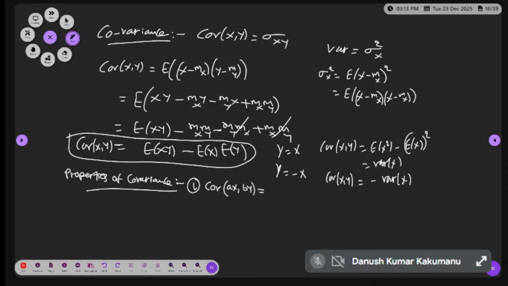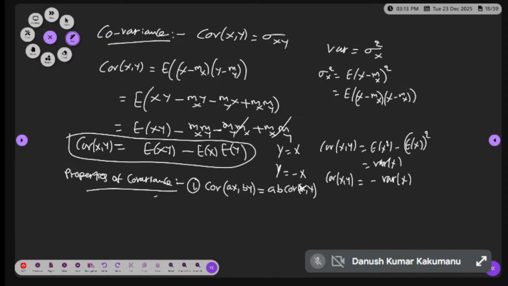Substitute x with ax, y with by. What happens? Covariance of ax comma by is ab into covariance of x comma y. Correctly write down, x comma y.